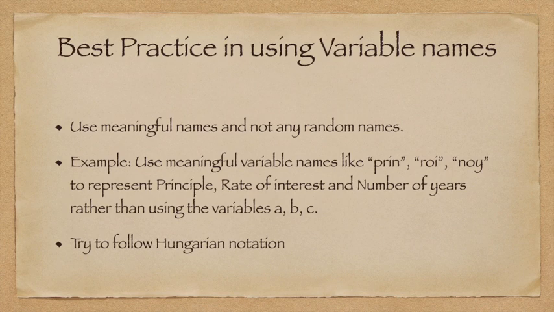Even if we skip the first few characters where we specify the type of data the variable is holding, simply writing meaningful names like Princ, ROI or NOY to represent principal, rate of interest and number of years will also make our job much easier.